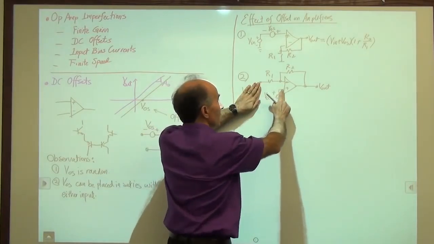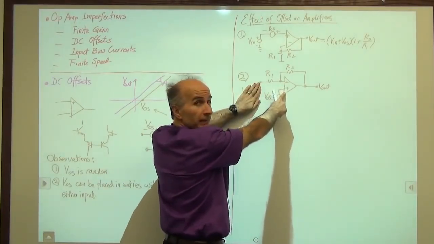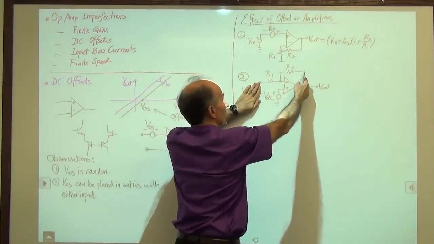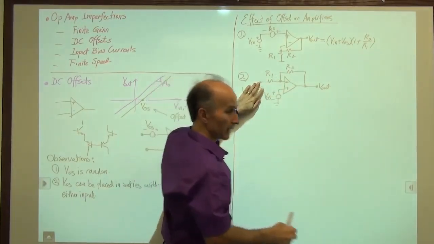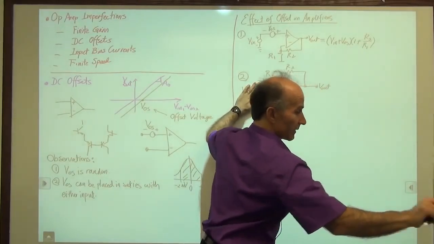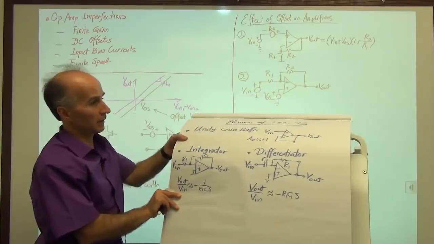VOS goes to the positive input of the op-amp, and the output of the op-amp goes through a voltage divider to the inverting input. So this circuit is the same as this circuit that we have here.